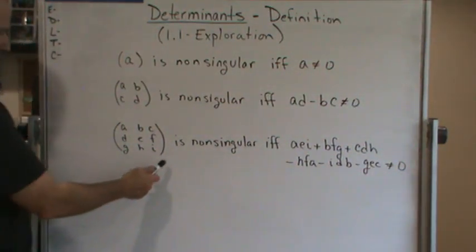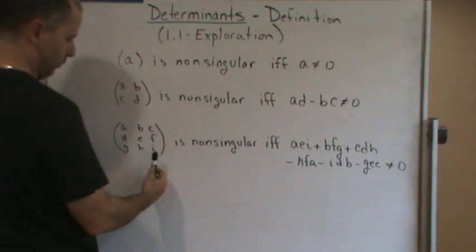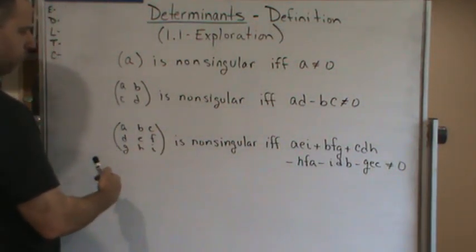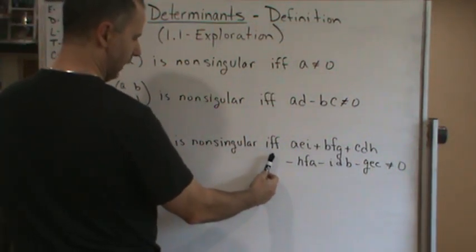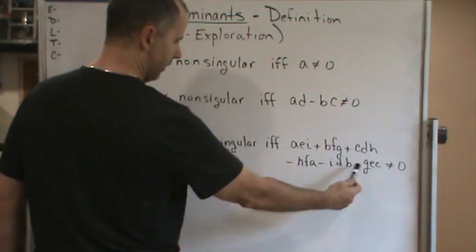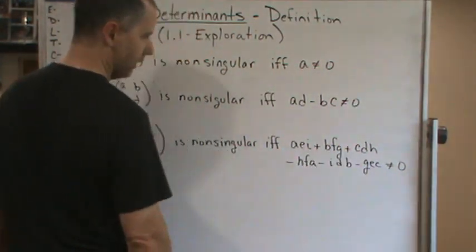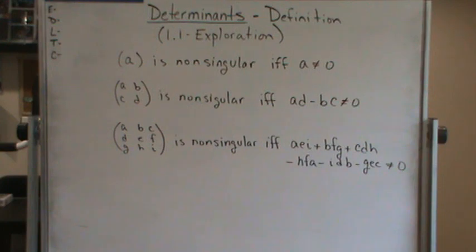And then of course if we do the 3 by 3 case, we have this family formula is non-singular if and only if this is not equal to 0. So when we first look at this, there's obviously not an obvious pattern to what we're looking at. At least I don't see one.